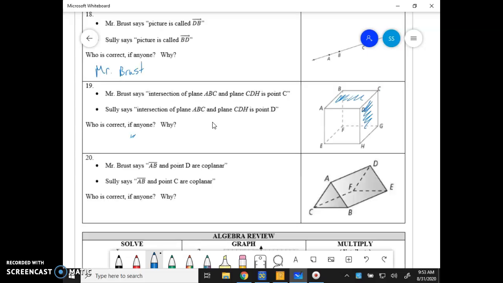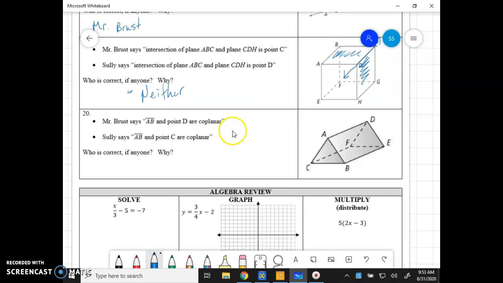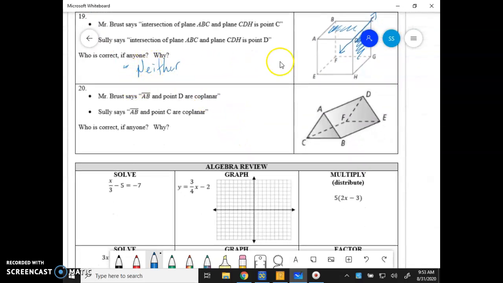Neither is correct because planes do not intersect at points. Planes intersect at lines. Okay, so the correct answer would be line DC. All right. So go ahead and write anything you want out.